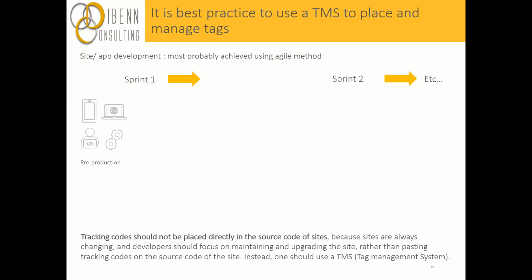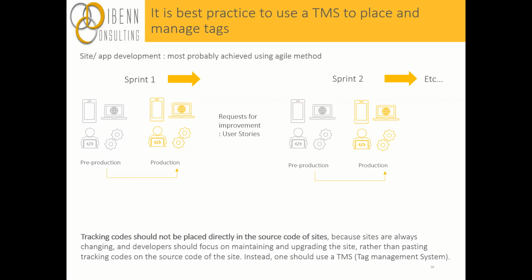Then, when it proves satisfying, it's pushed in production, meaning accessible to everyone. Surely, requests for improvements will emerge, which leads to another run. The new feature, new content, extra will be updated in the pre-production version and then pushed to production.